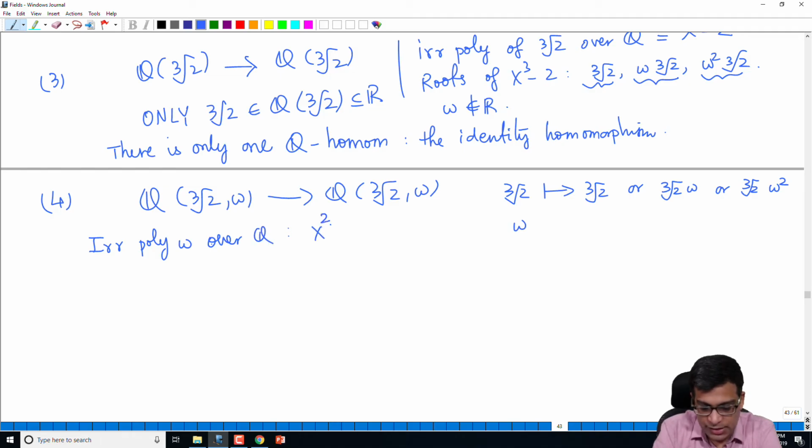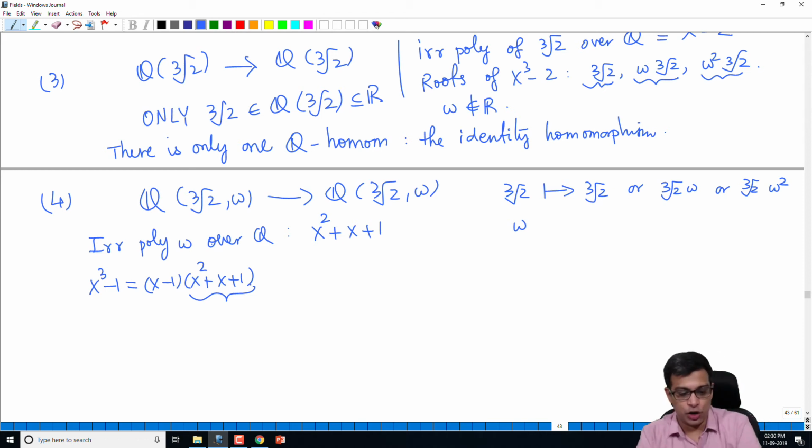I claim that this is x squared plus x plus 1, because omega is a root of x cube minus 1, which is not irreducible. You can factor it like this. This must be the irreducible polynomial because x minus 1 clearly doesn't have omega as a root. And what are its roots? It's actually omega and minus omega squared.